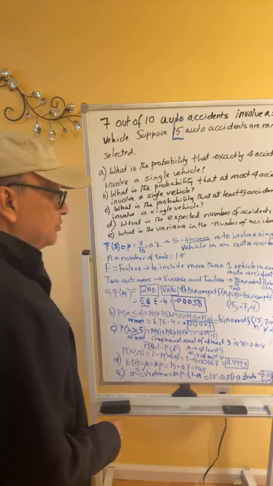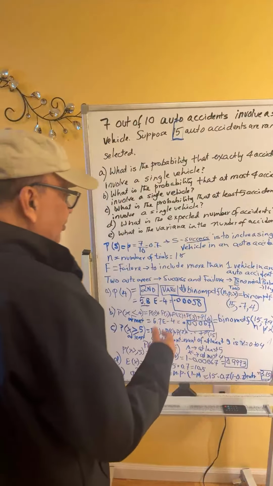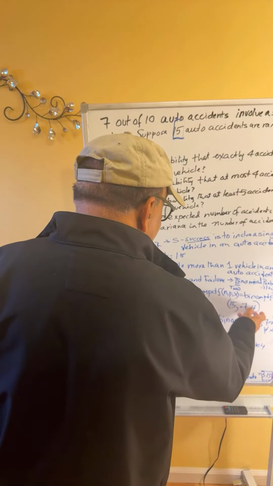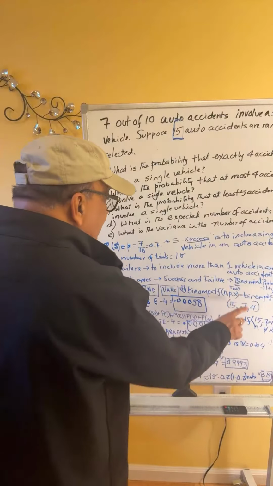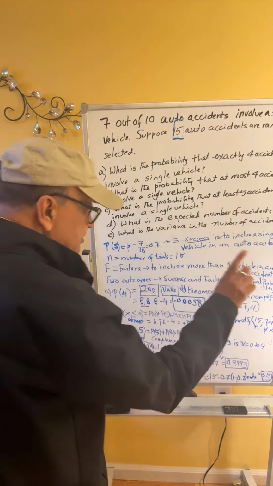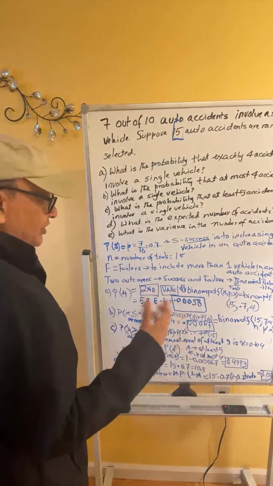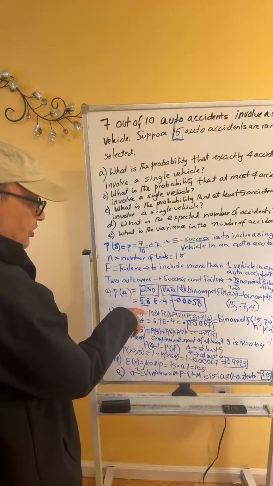Probability of success is 0.7, and X is 4. Sorry, X is not the number of trials, it is the number of successes. X is 4. Again, 15 is the number of trials, 0.7 is the probability of success, p, and 4 is the X value, the number of successes. You plug that in, you get a very small number.